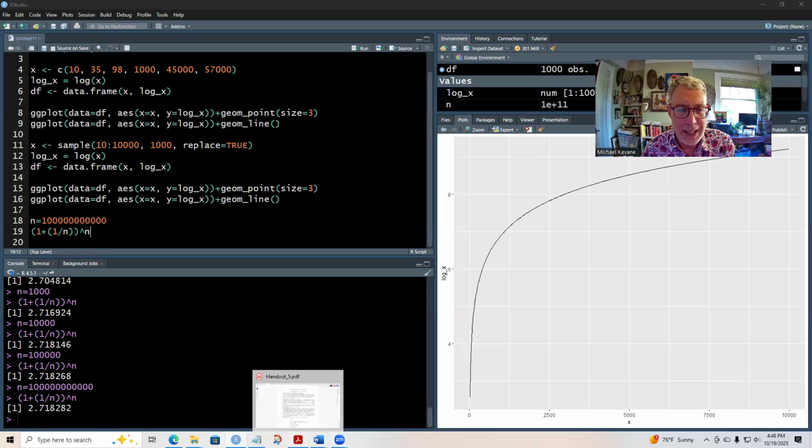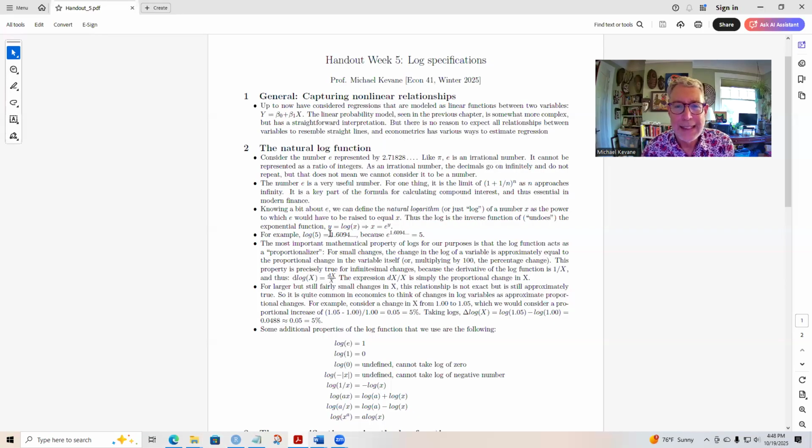Coming back to our handout, we'll define the natural log of a number x as the power to which e would have to be raised to equal x. So the natural log of x is the power to which e would have to be raised to equal x. So the log is the inverse function, or undoes the exponential function.